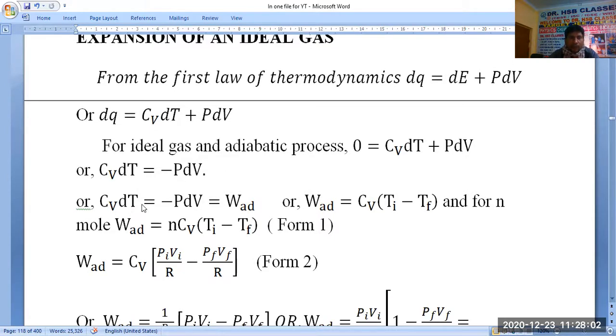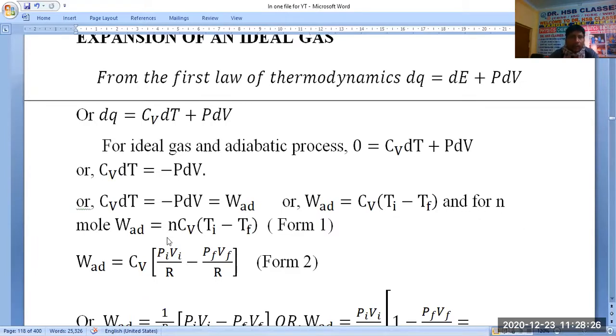So Cv dT equal to minus pdV equal to work done by the adiabatic process. So adiabatic work done equal to Cv into (Ti minus Tf), or minus Cv into (Tf minus Ti).